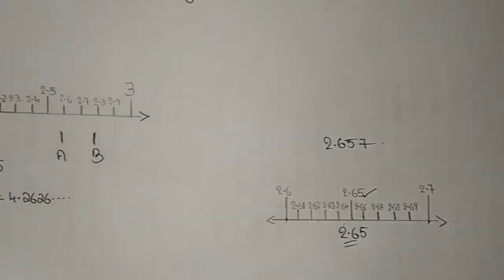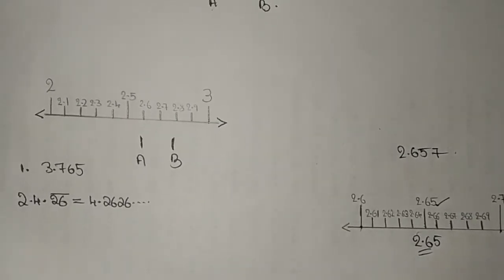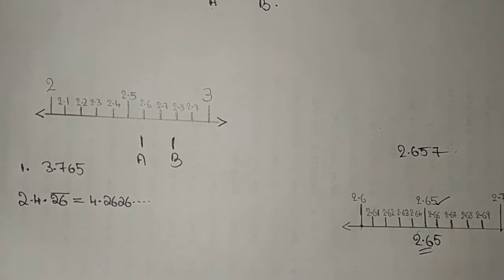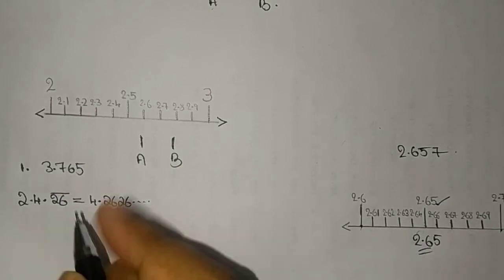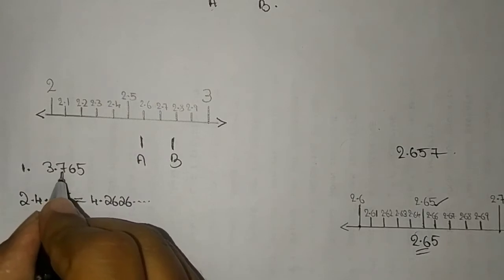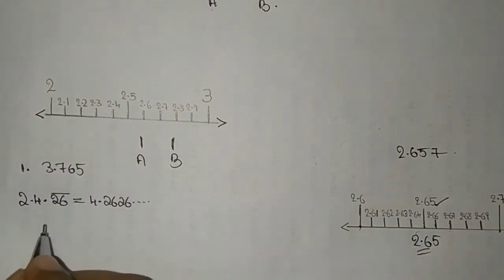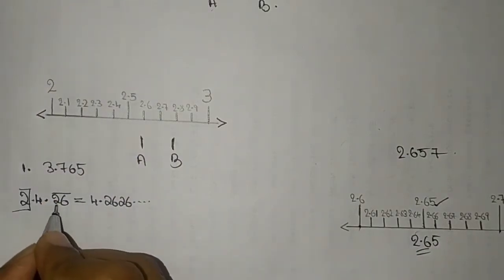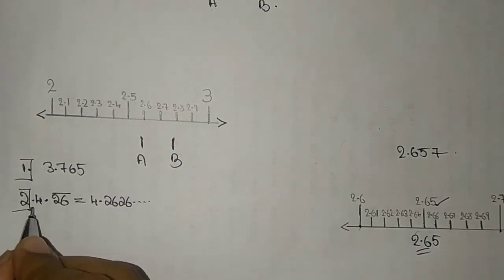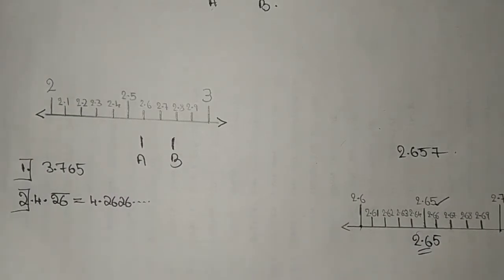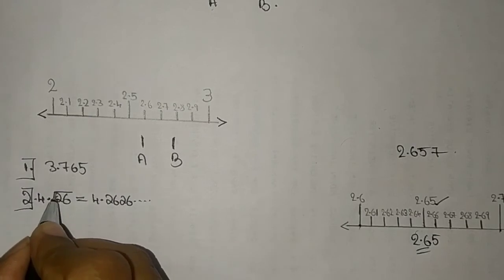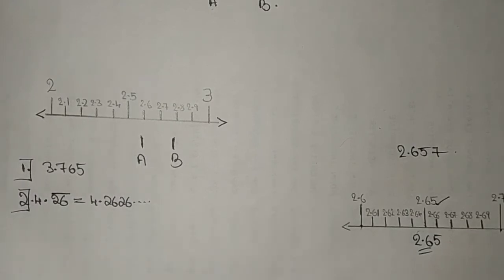I will give you a hint for your exercise problems. The first question is 3.765. Another question is 4.26 with a bar over 26, which is repeating. Now this is simple. Take 3.765.